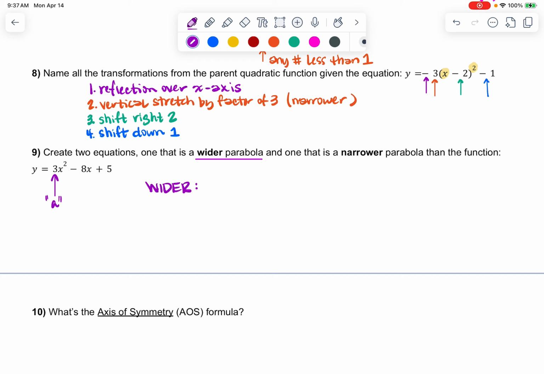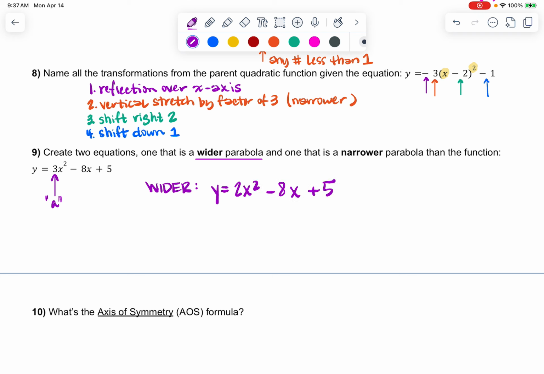So if I want it to be wider, that means I need a smaller number than what I currently have, right? Right now it has a vertical stretch of 3. If I press it down and make it a smaller number, it's going to automatically make my function wider, right? So y equals, as long as you're putting any number less than 3, I'm just going to put a 2. 2x squared minus 8x plus 5.